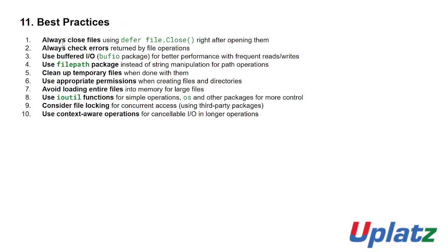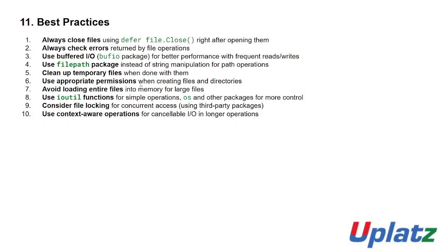Best practices: always close files using defer file.Close right after opening them. Always check errors returned by file operations. Use buffered IO, the bufio package, for better performance with frequent reads and writes. Use the filepath package instead of string manipulation for path operations. Clean up temporary files when done with them.